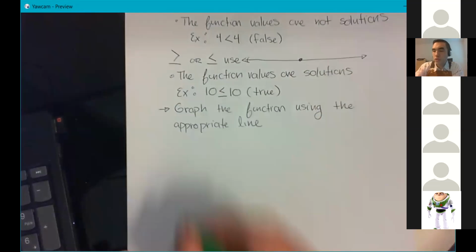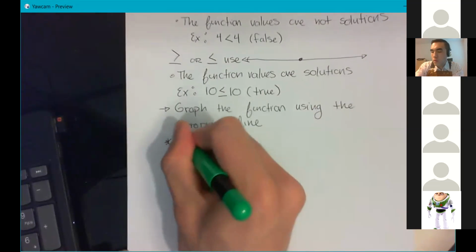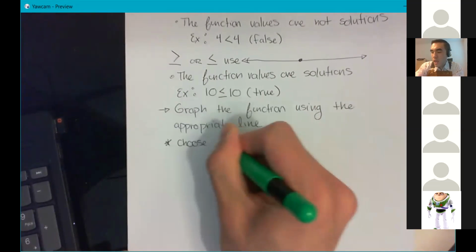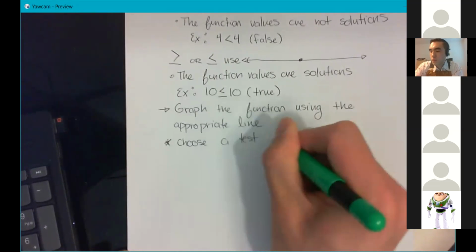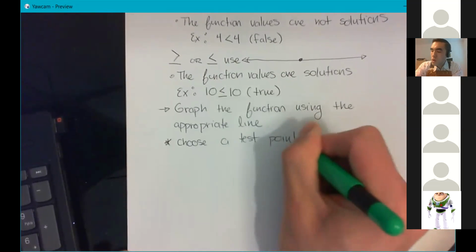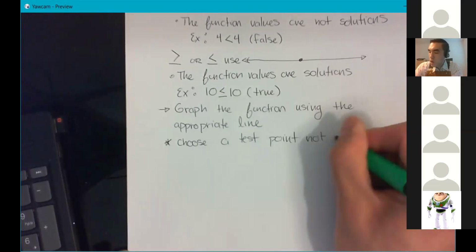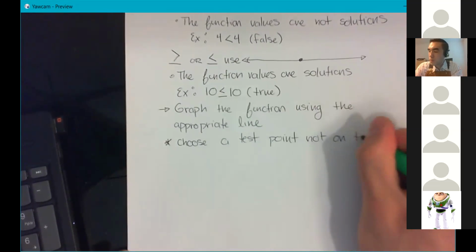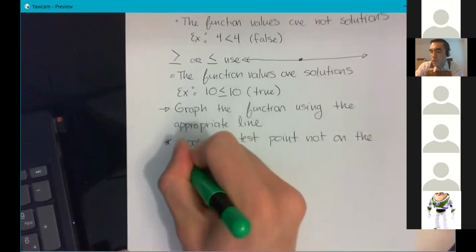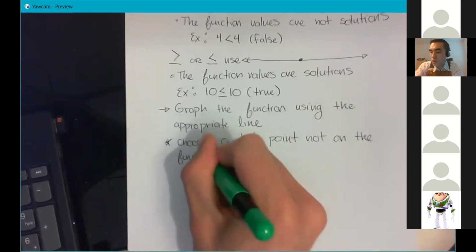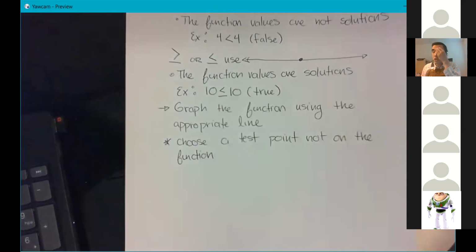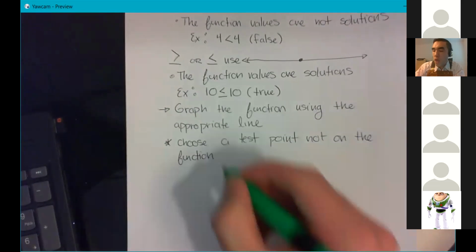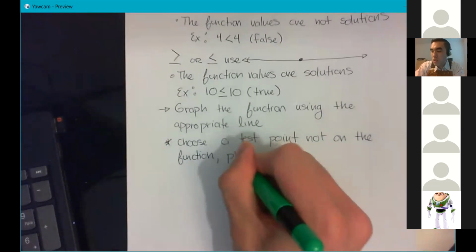And then we are going to choose a test point which is not on the line itself. You cannot choose a test point which is on the function. That will not give you any additional information. We have to choose a test point which is not on the function, and then plug that into the inequality.